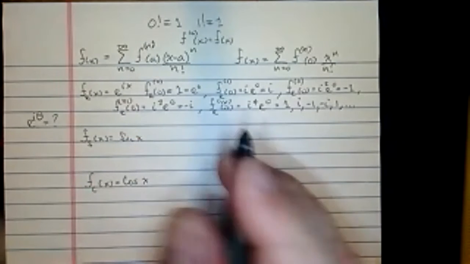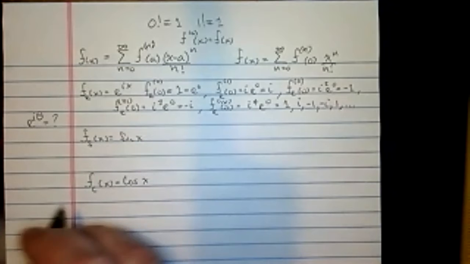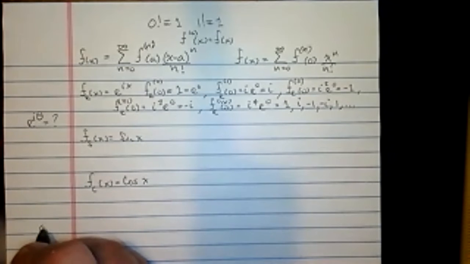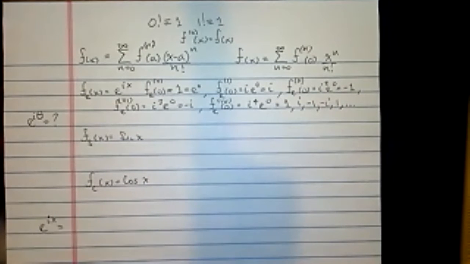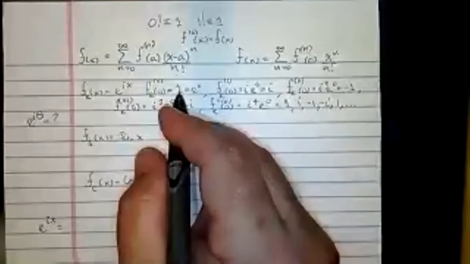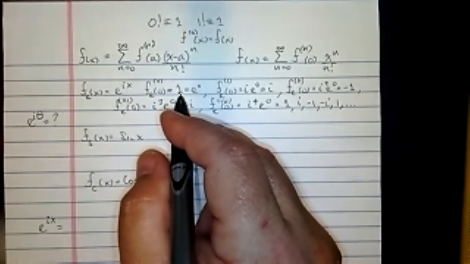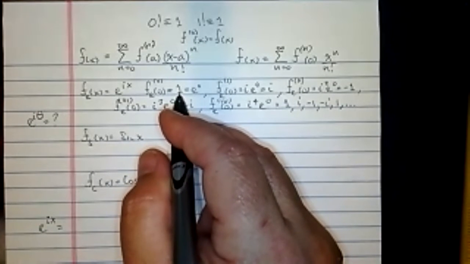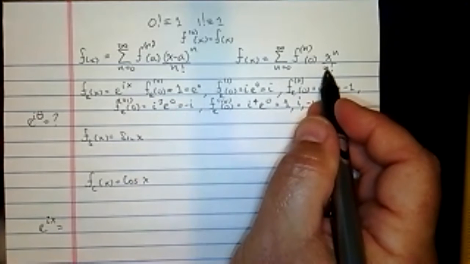So we can actually make very good sense of that. Similarly, we can do the same thing. I'm going to go ahead and take a second and write out what e to the ix would be. So e to the ix, we can see clearly in the first case, f0, I got 1 over 0 factorial, because this is n equals 0.